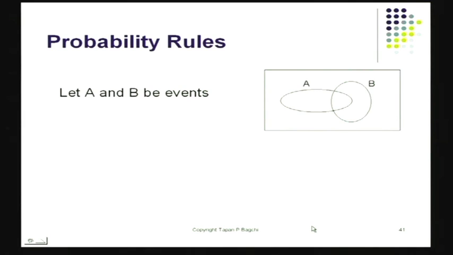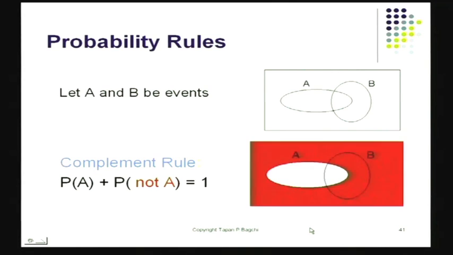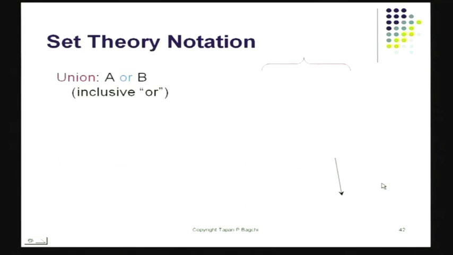If A and B are two events, then the complement rule says the probability of A and the probability of not A is going to be 1. So A is inside the white area there, and not A is the area outside A. This is the complement rule.